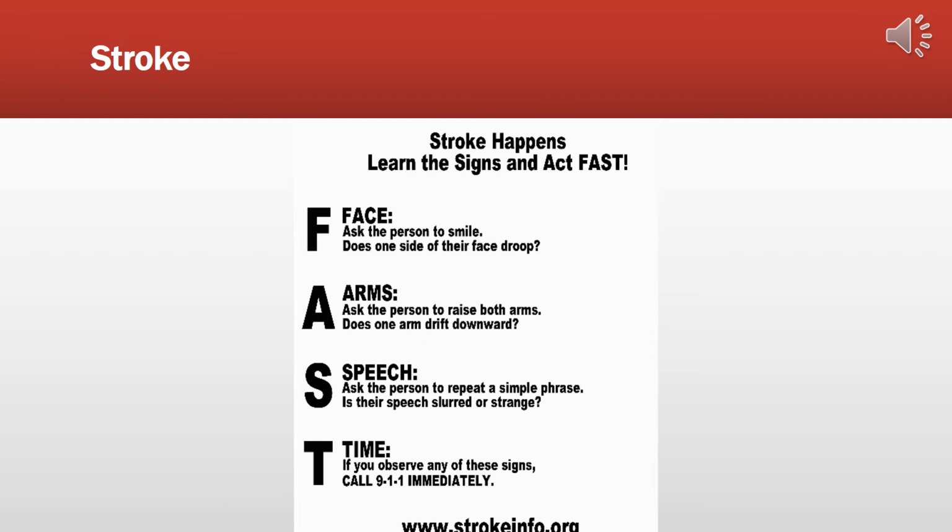You need to check if the person has difficulties speaking or if their speech is slurred or strange. And then obviously, if these are happening, you need to get them medical attention pretty quickly so we don't experience any mentally damaging effects.